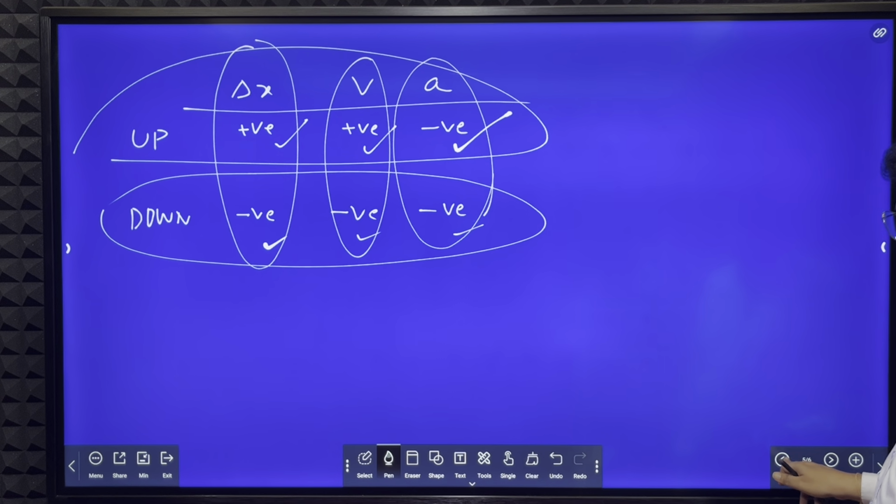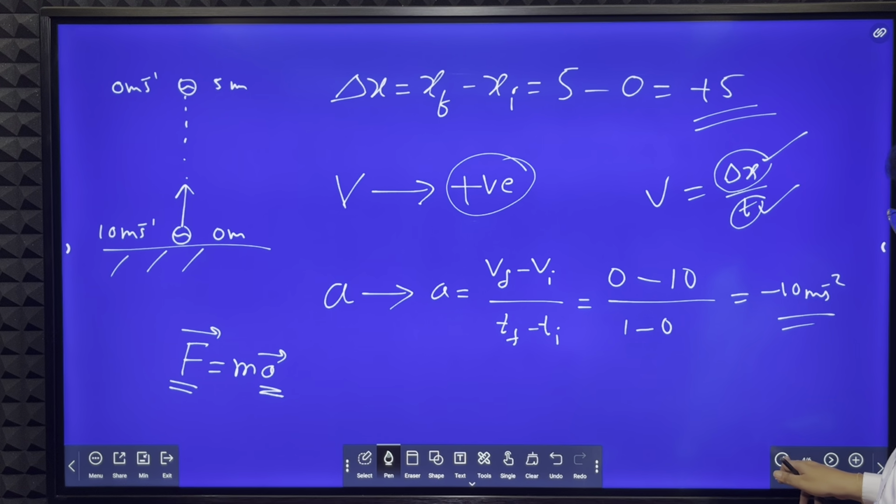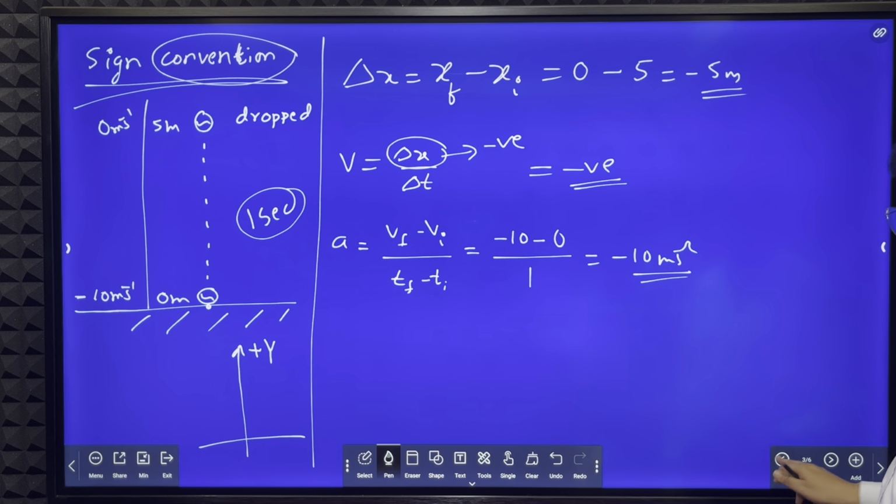We will try to understand the table that we have written in a better way.